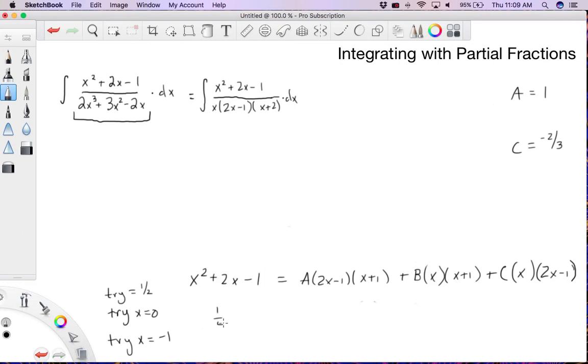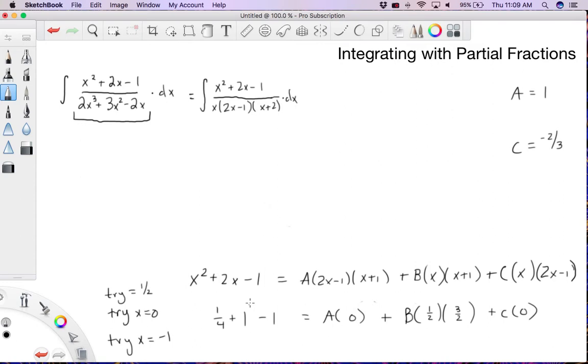So 1/2 squared is 1/4 plus 2 times 1/2 minus 1 equals a times 0 plus b times 1/2 times 3/2 plus c times 0.